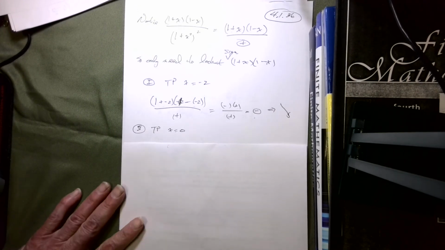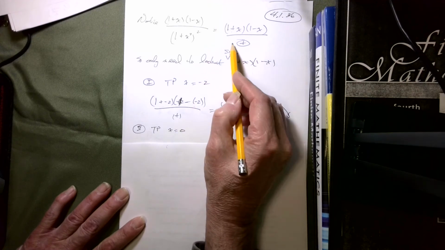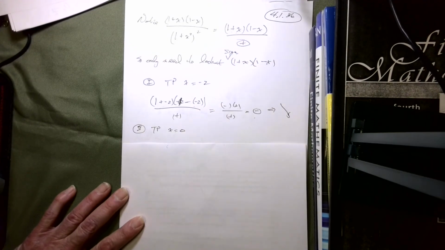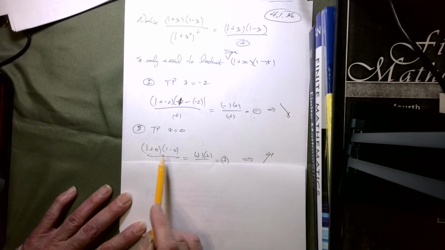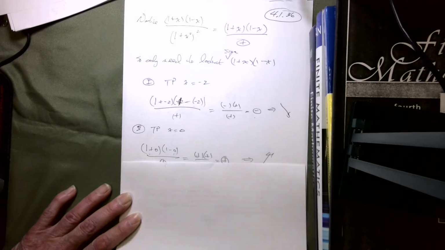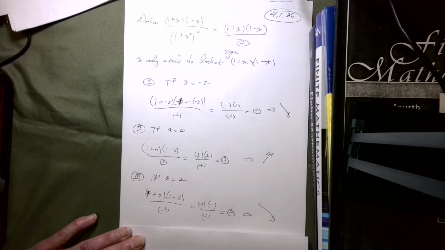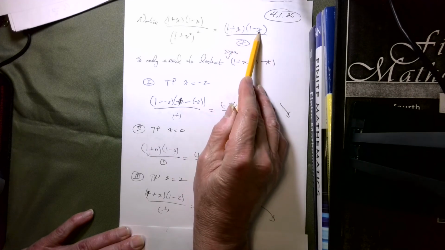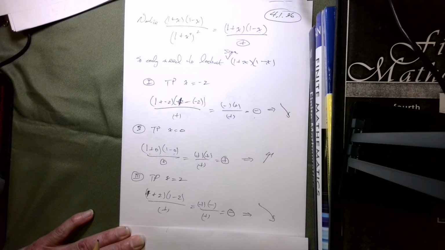Now I pick 0 as my test point. Don't even waste your time with this. Put a 0, put a 0. Positive, positive, positive, positive, which means it's increasing. And the last is in region 3. I'm going to pick my test point to be 2. You put in a 2, you put a 2. Don't tell me what the number is.